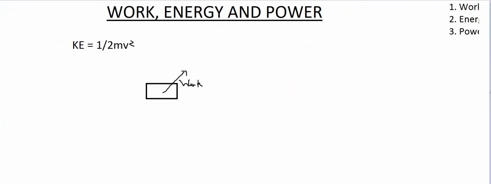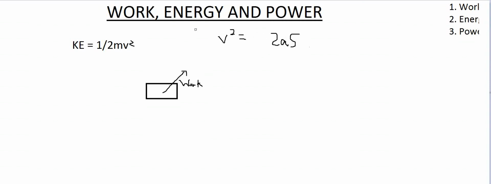Here we need to use the formula v squared equals u squared plus 2as. For the first case, let's just assume that the object is not moving and you do work on it like this.